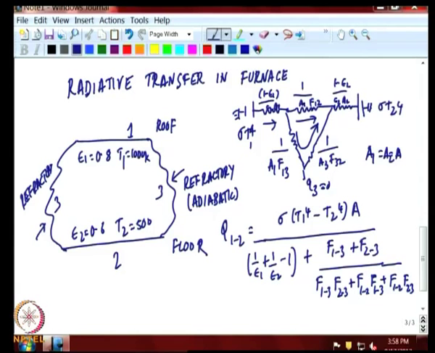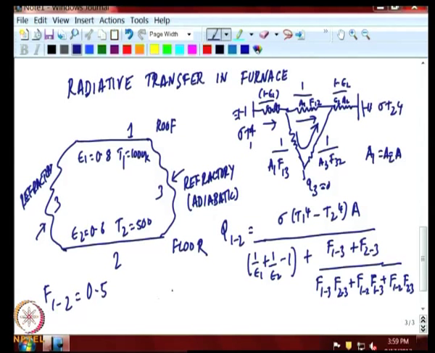And so, in this case, let me just complete this problem. For the geometry that is given here, we need to calculate F12, and F12 you can calculate easily by the Hottel's crossed-string method. If you do that, you will get the answer 0.5.